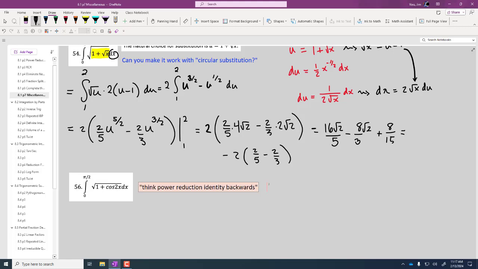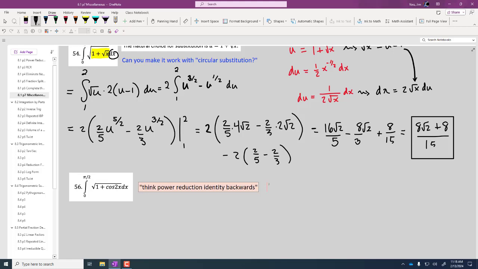All right, so then we have 48 minus 40. 48 minus 40 is 8 root 2 plus 8 all divided by 15. There we go.